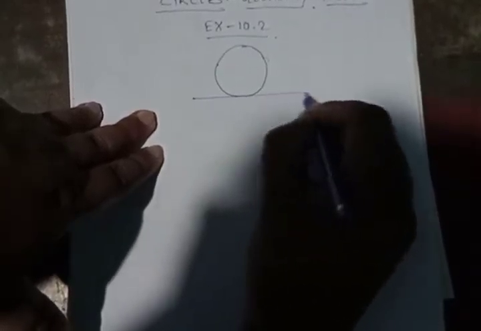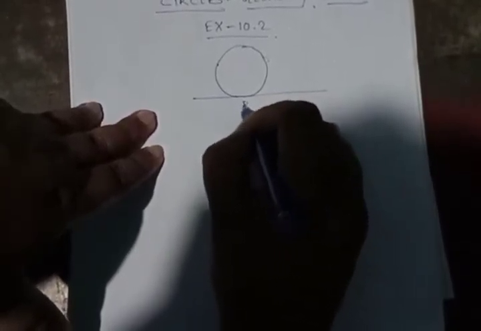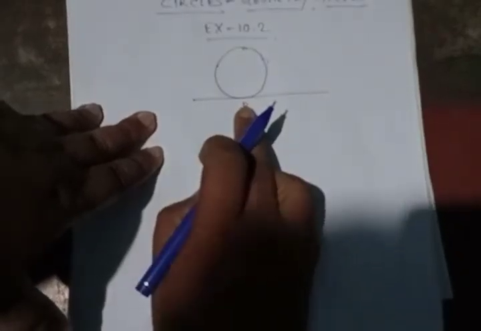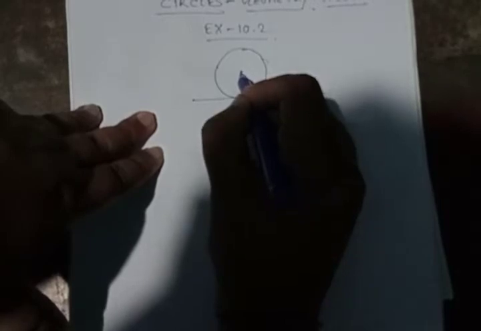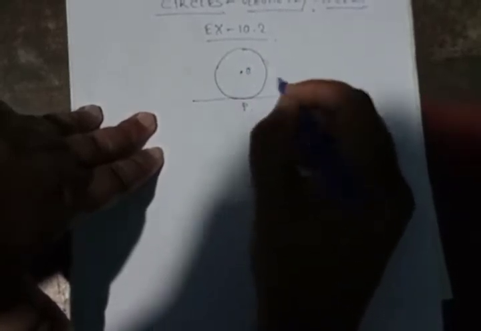Next, a tangent which touches the circle at P. O means the center of the circle.